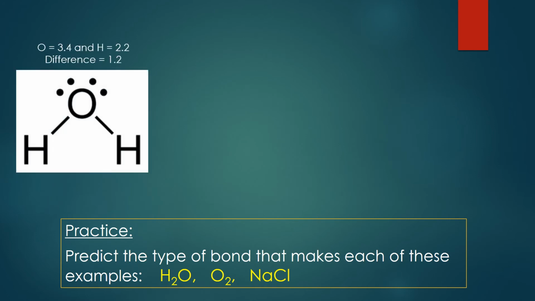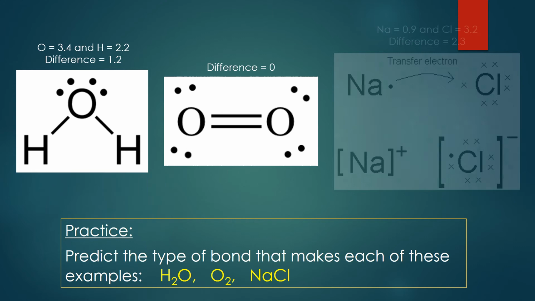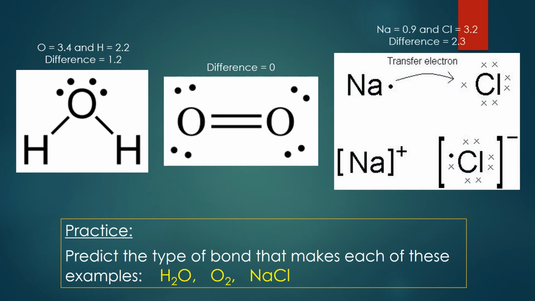Let's see. So I could look up the electronegativity values of oxygen and hydrogen. Notice that their difference is 1.2 on this Pauling scale. Oxygen, well, they have the same electronegativity because they're the same type of atom, so their difference is 0. And sodium and chlorine are very different, so their difference is 2.3.